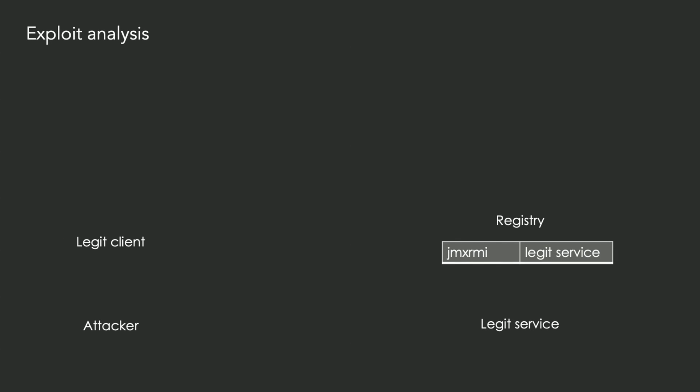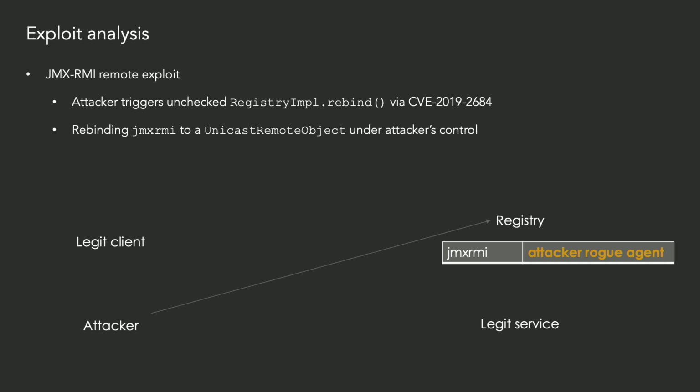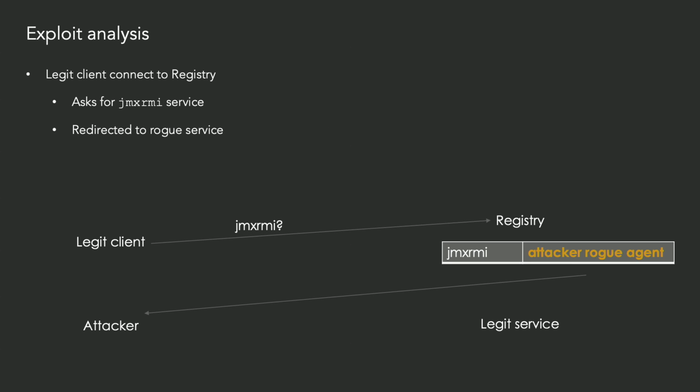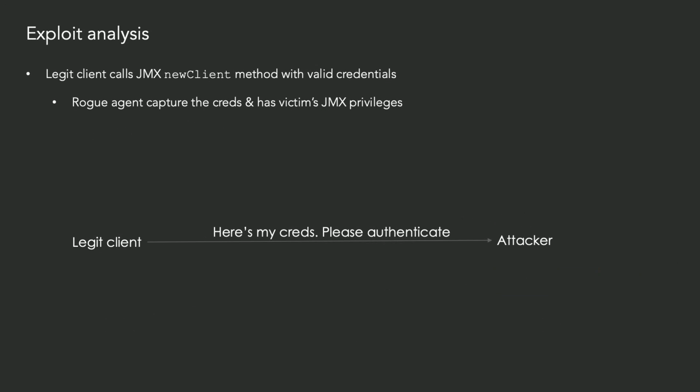So let's dig into the exploit analysis. This is a legitimate client, the registry, the attacker, and the legitimate service. First, the attacker calls the registry and changes the JMX RMI record from the legit service to the attacker's rogue service. Then when the legitimate client asks for the JMX RMI service, it will be redirected to the attacker's rogue service.